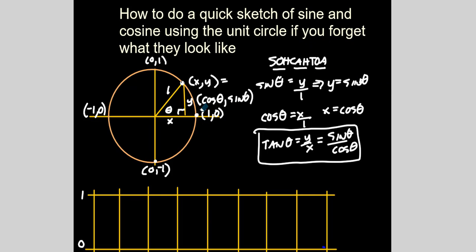So we call sine and cosine periodic functions, because after you start here, you could keep going around a unit circle forever, and it's going to keep repeating itself. Or you could go in the negative direction here, and it's just going to keep repeating itself forever. So sine and cosine are called periodic functions.